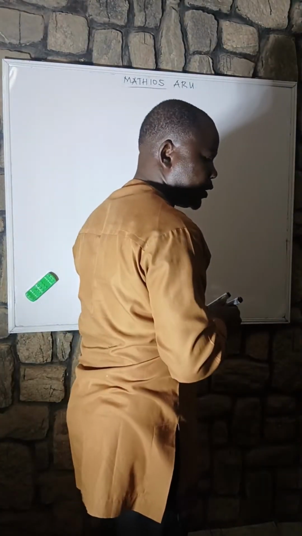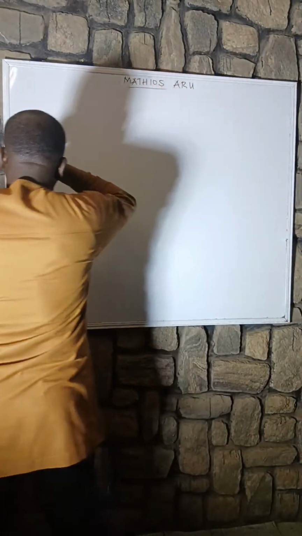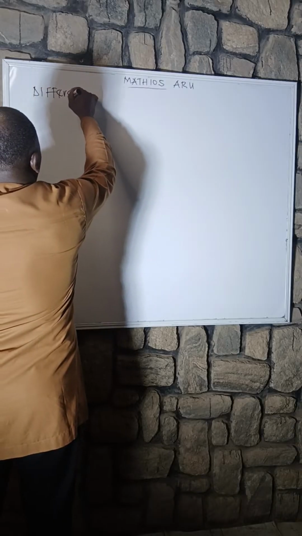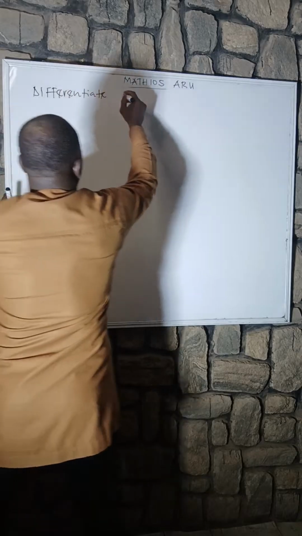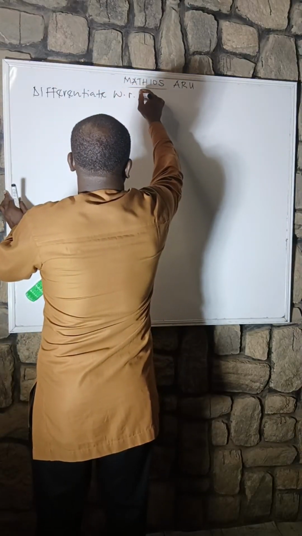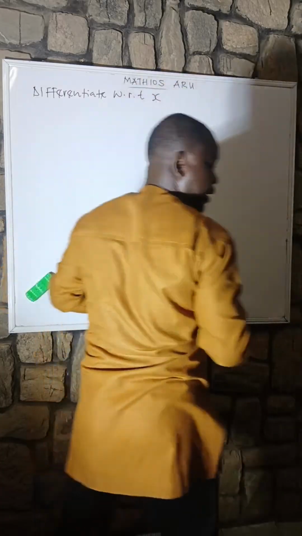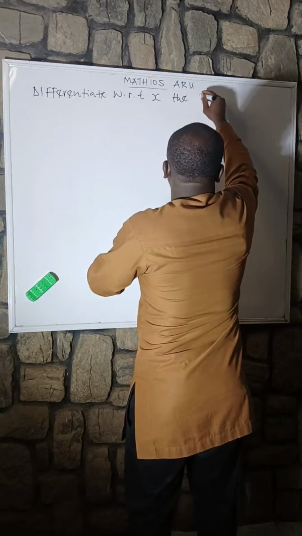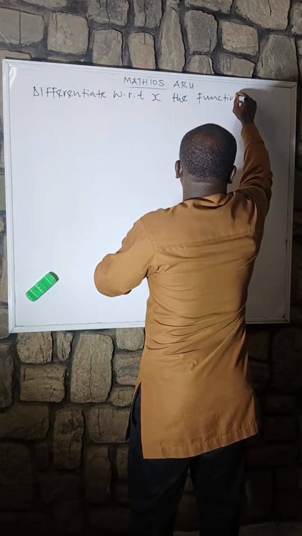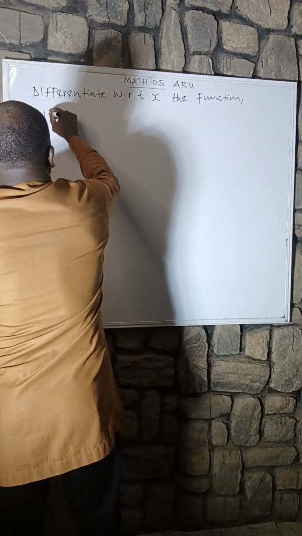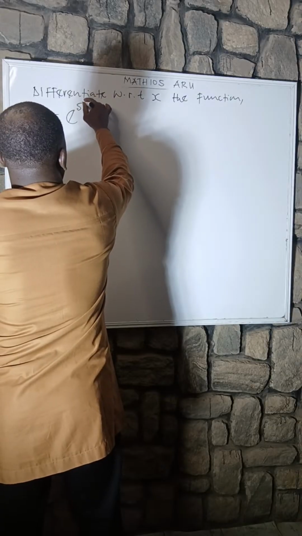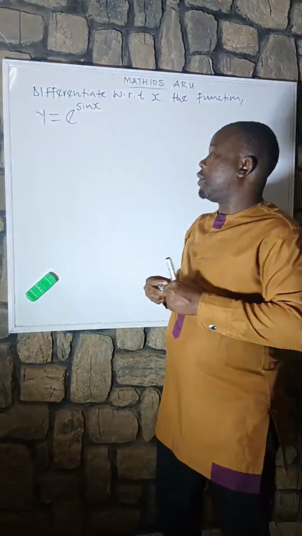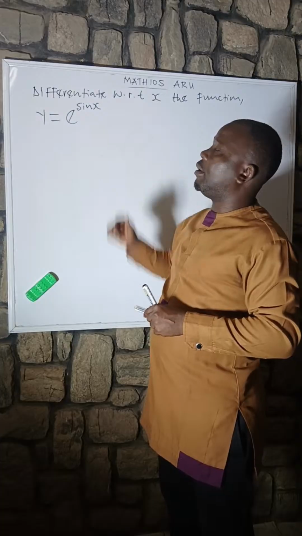One of the questions says, differentiate with respect to x the function y equals exponential sine x. It's simple as ABC. In other words, they are asking you to find dy all over dx.